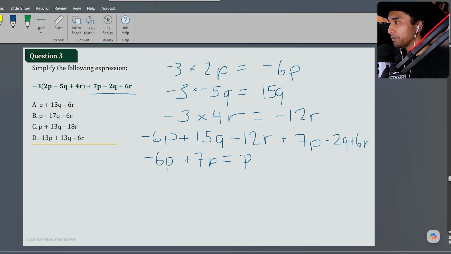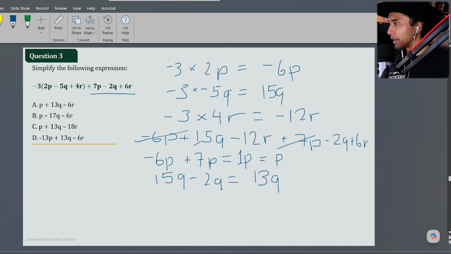Or, for the sake of the video, it's 1p, but then that equals just p. Okay? And next I'm going to just get rid of these. And then now I have 15q, and that can be combined with this negative 2q, okay? And that's going to give us 13q.